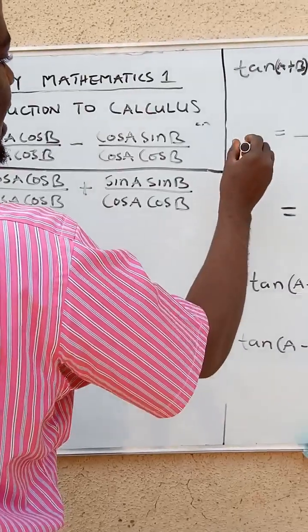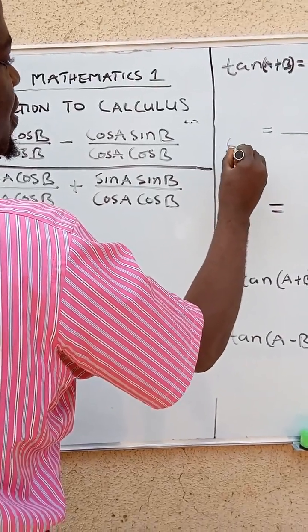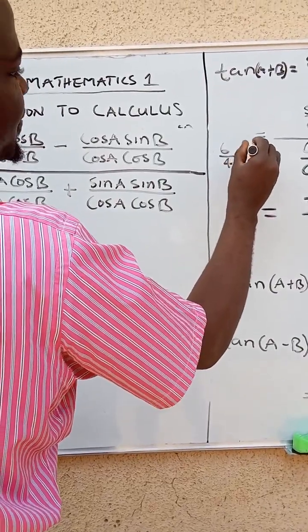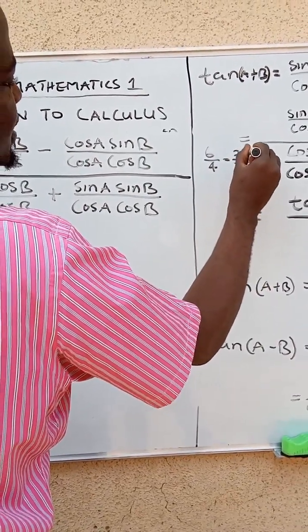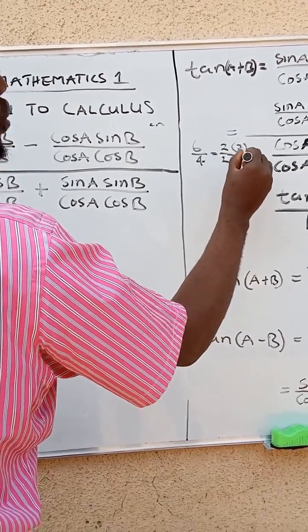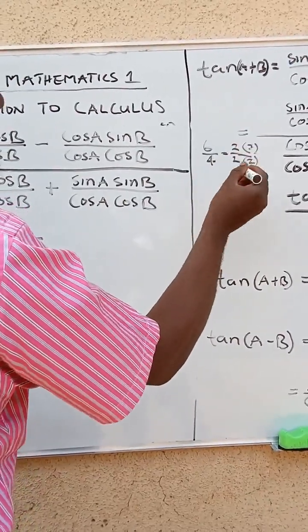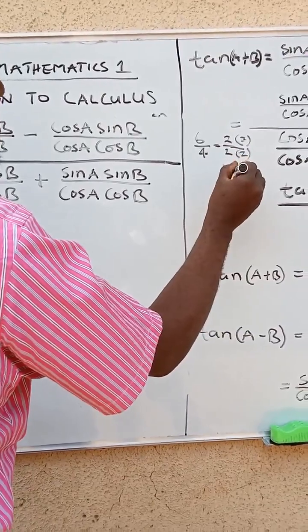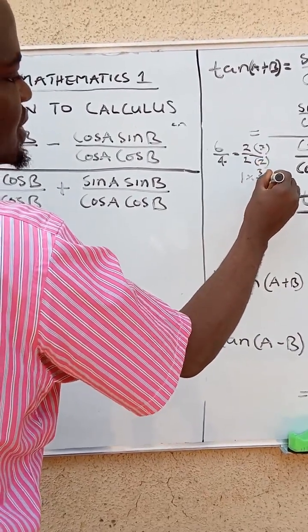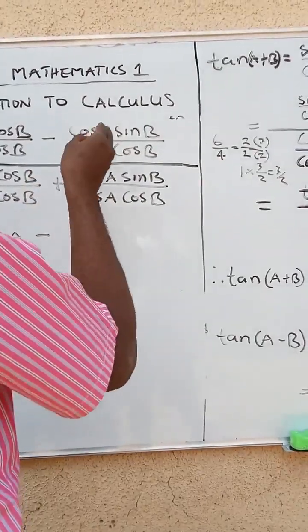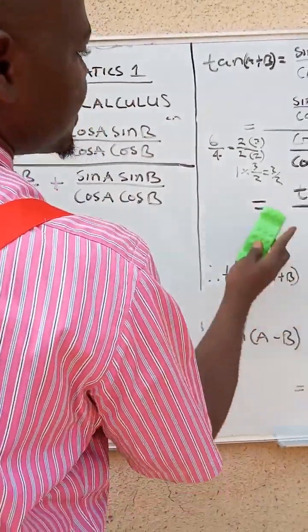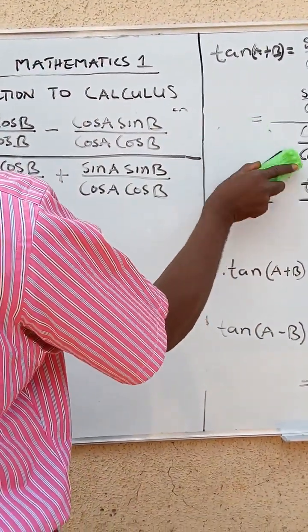But let me just say 6 over 4, which I have 2. For example, there is 3, there is 2. So this 2 over 2 is the same thing as 1 times 3 over 2, which is the same thing as 3 over 2. So this one cos A is 1, 1 times sin B over cos B. So take note of that.